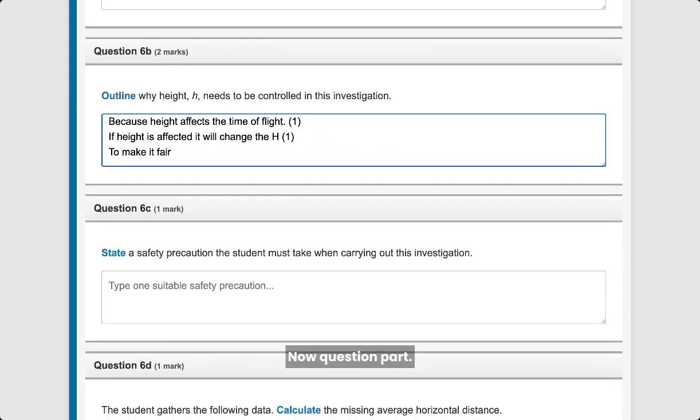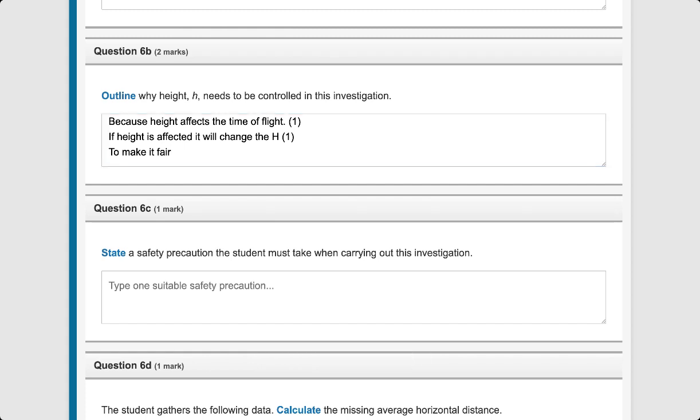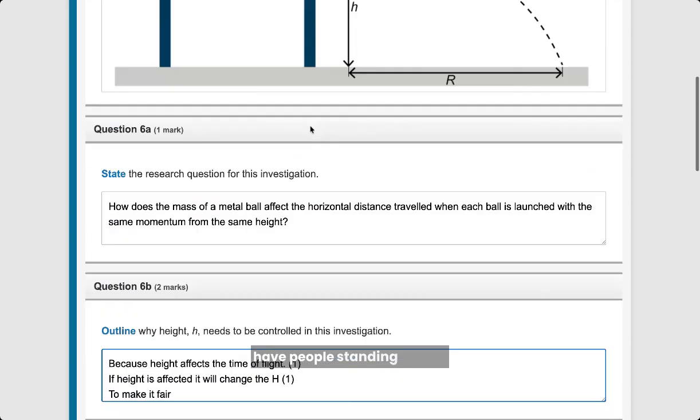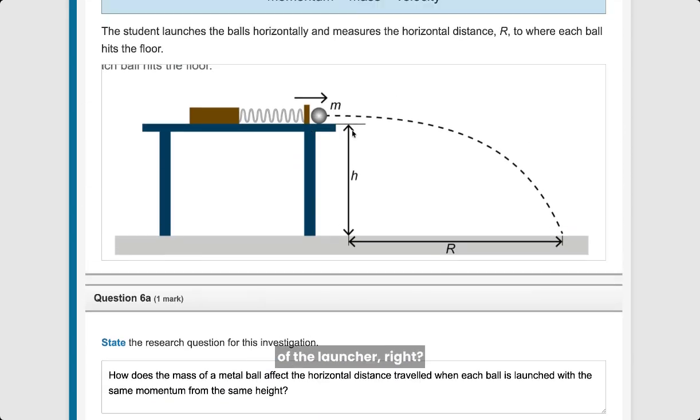Now question part 6c: state one safety precaution the student must take while carrying out the investigation. You have to write that the landing area should be clear, you have to secure the launcher, and you should not have people standing in front of the launcher. Those are simple safety precautions.